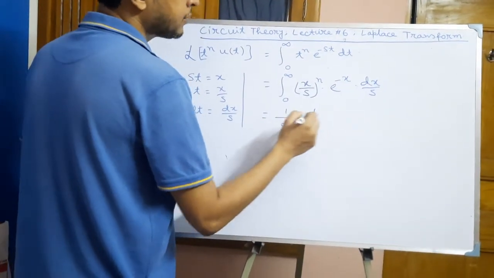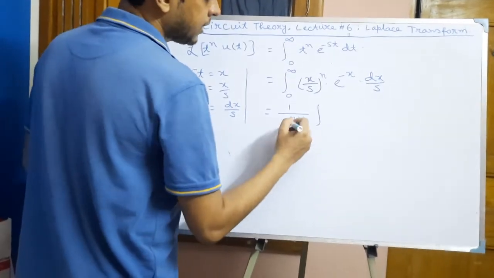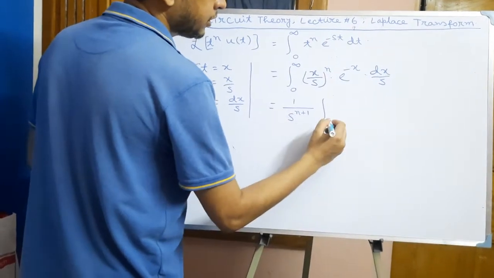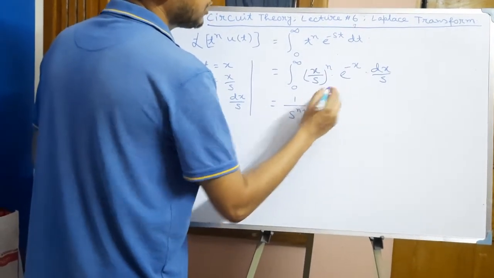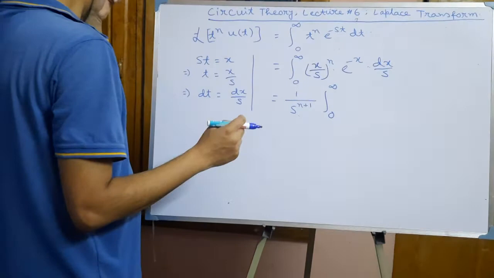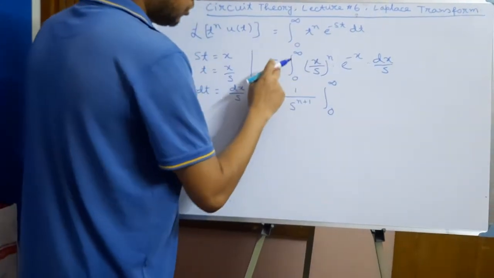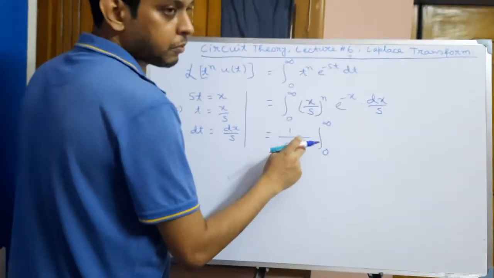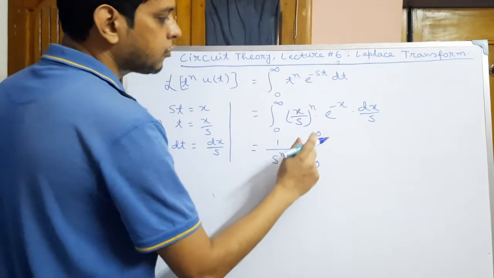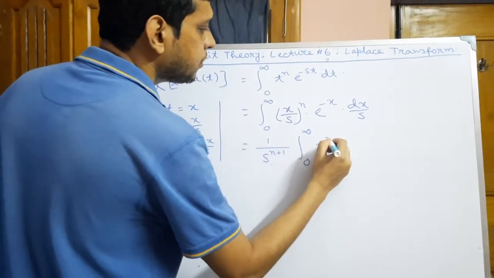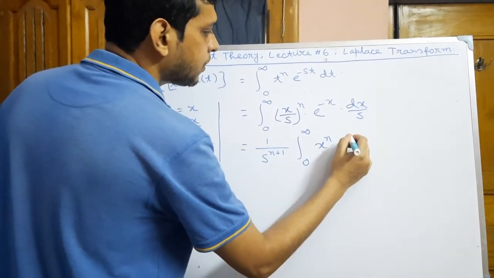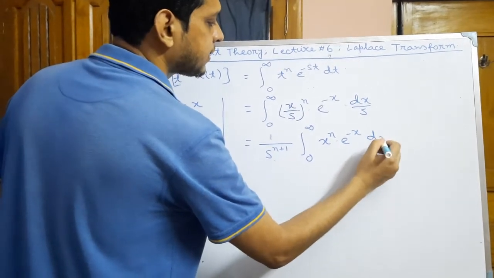This is constant with respect to x. S is constant and n is constant, so we can well take it out from the integration. So this is equal to 1 by s to the power n plus 1 times the integral from 0 to infinity of x to the power n e to the power minus x dx.